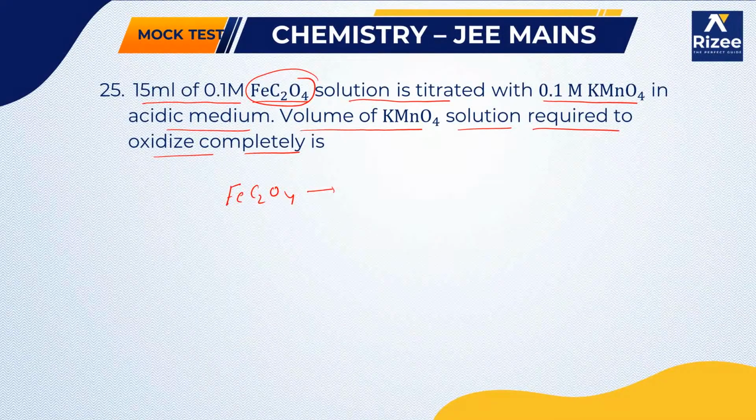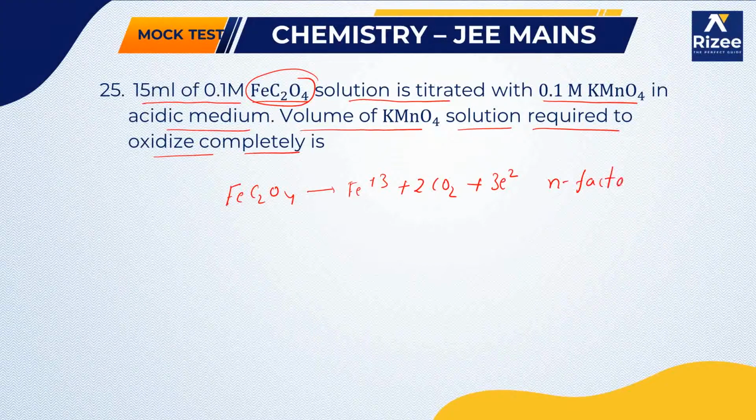Here the iron is in +2 oxidation state, so it will be oxidized to +3 oxidation state. With this we get Fe3+, carbon dioxide will be released, 2CO2, and 3 electrons will be there. So after balancing, the N factor will be equal to 3.